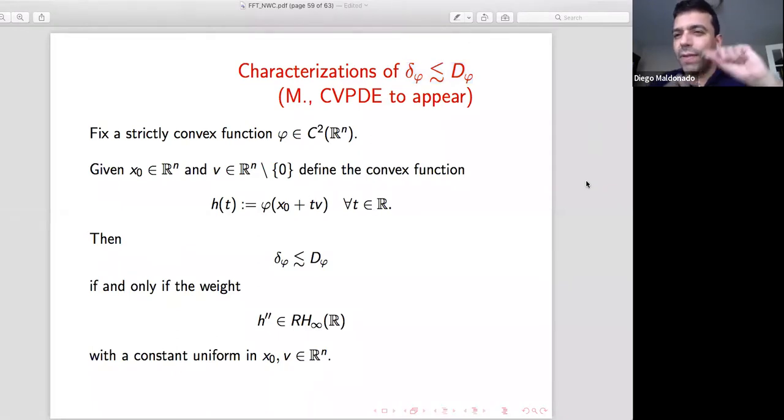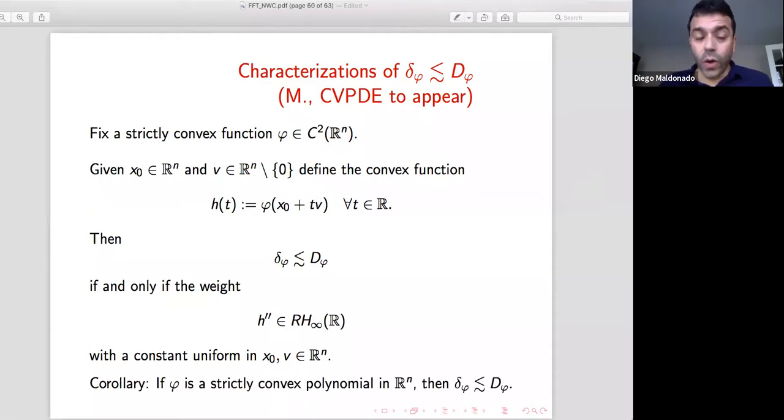The Caffarelli-Gutierrez A infinity condition, I don't know how to reduce it to a one-dimensional condition, which is natural to expect because convexity is one-dimensional. And so as a corollary, if it is strictly convex, then you get the property, because if you have a strictly convex polynomial in Rn, every restriction is going to be a strictly convex polynomial in dimension one.